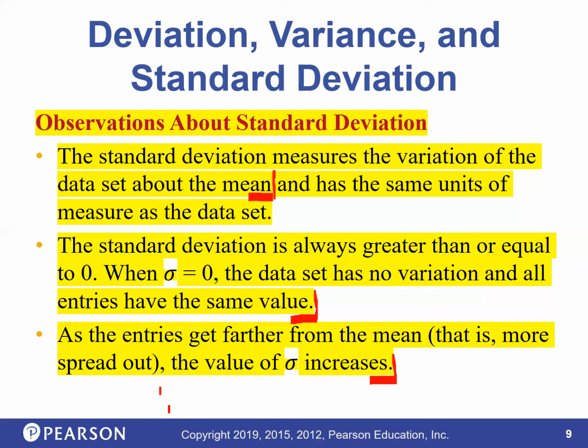So that means, if 0 means no variation, a small number means low variation, right? And a bigger number means more variation. As the number gets bigger, more of the values are spread out. So it's a spread-out number. That's what it is.